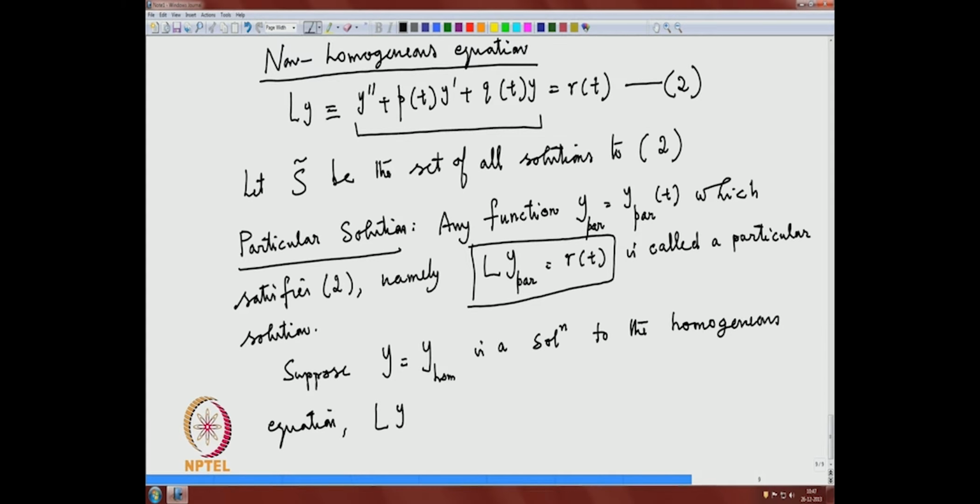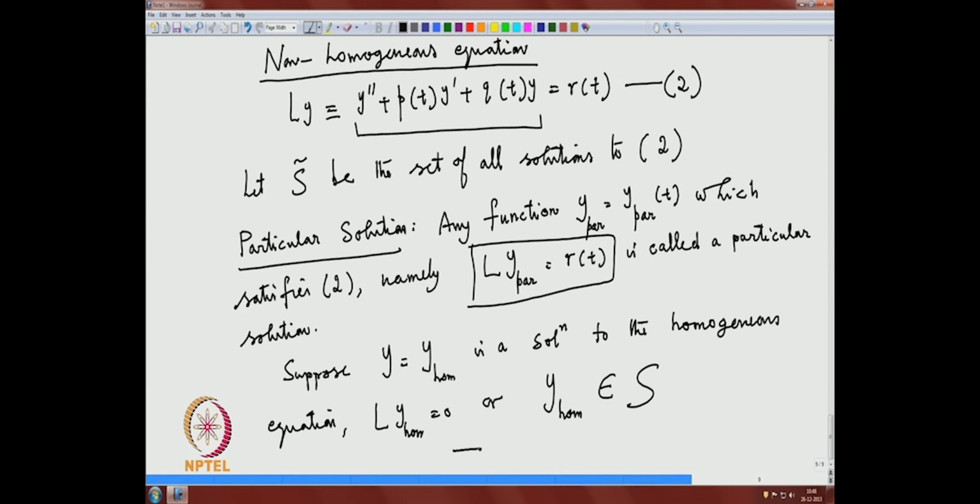L of y home is equal to 0, or equivalently y home belongs to S. Recall this notation, where S is the set of all solutions to the homogeneous equation, and we know that S has 2 independent solutions only, and the dimension of S is equal to 2.